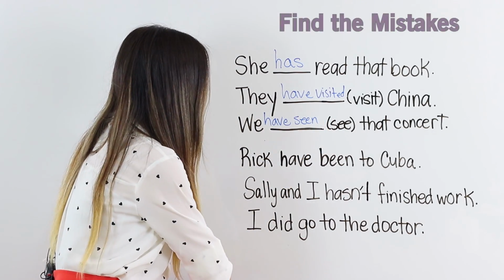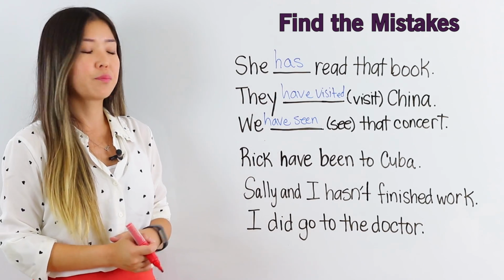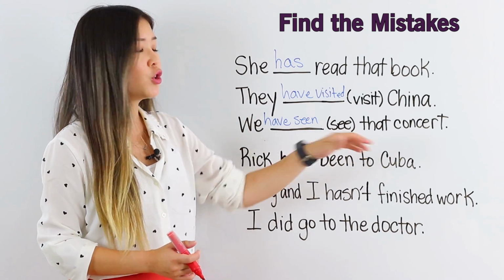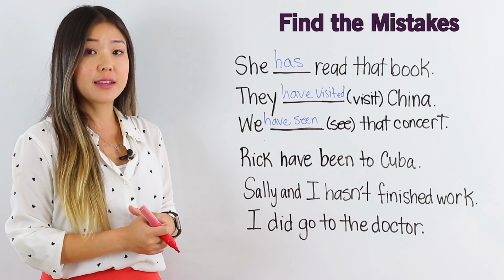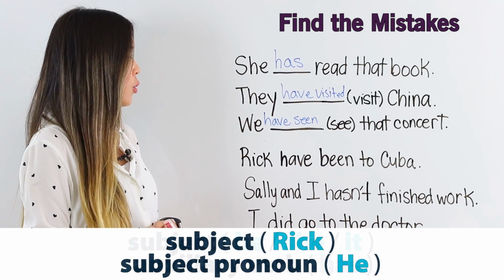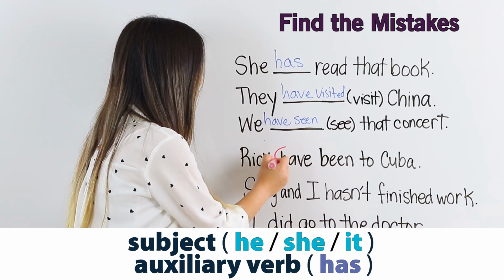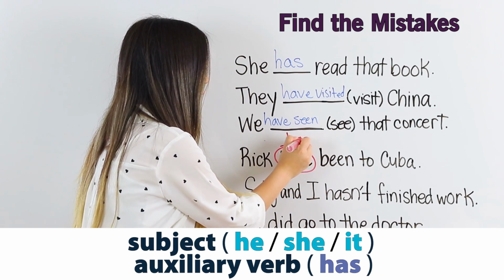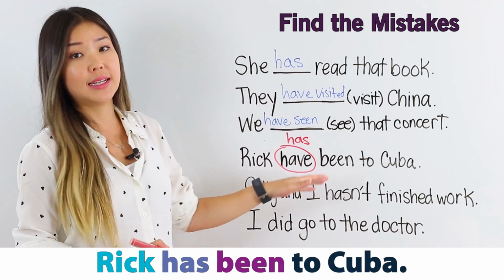Now, let's look for the mistake in the next sentence. "Rick have been to Cuba." Take a look at the subject. Rick. Rick is a he. So, instead of have, we need to change this to has. Rick has been to Cuba.